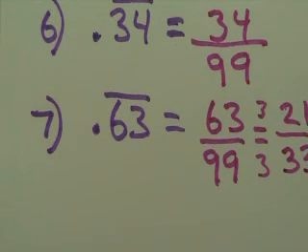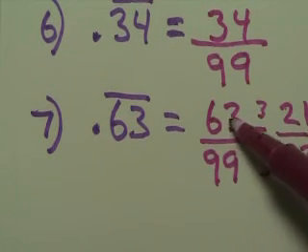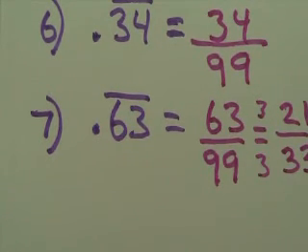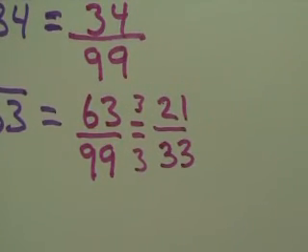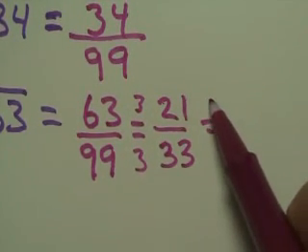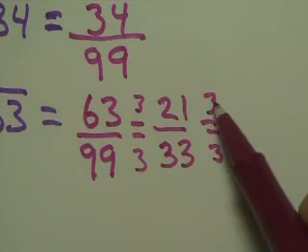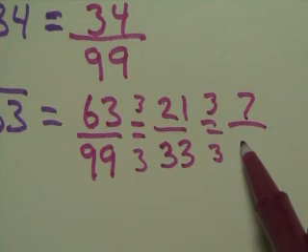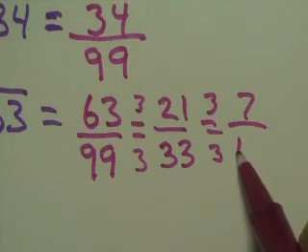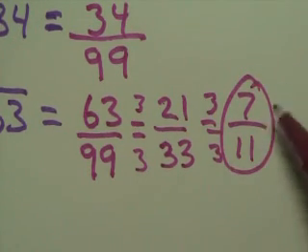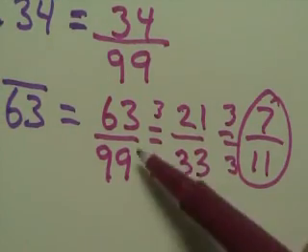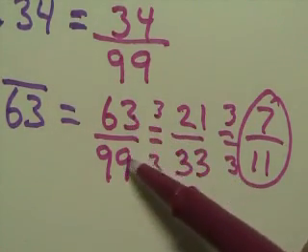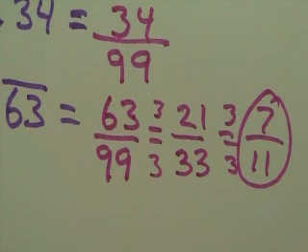Can that be reduced anymore? Yes, it can be reduced. Oh wait, I could have used 9. What am I doing? Anyways, I'll just do it one more time. 3 goes into 21, 7, and 3 goes into 33, 11. 7 over 11. Rats, I didn't see that. I should have used a 9. 9 goes into 63, and 9 goes into 99. But I still ended up with the right answer.